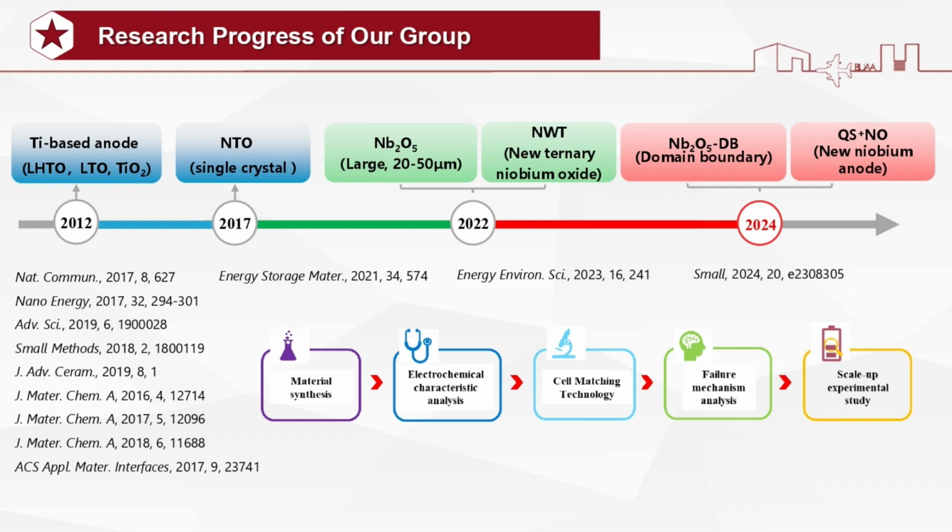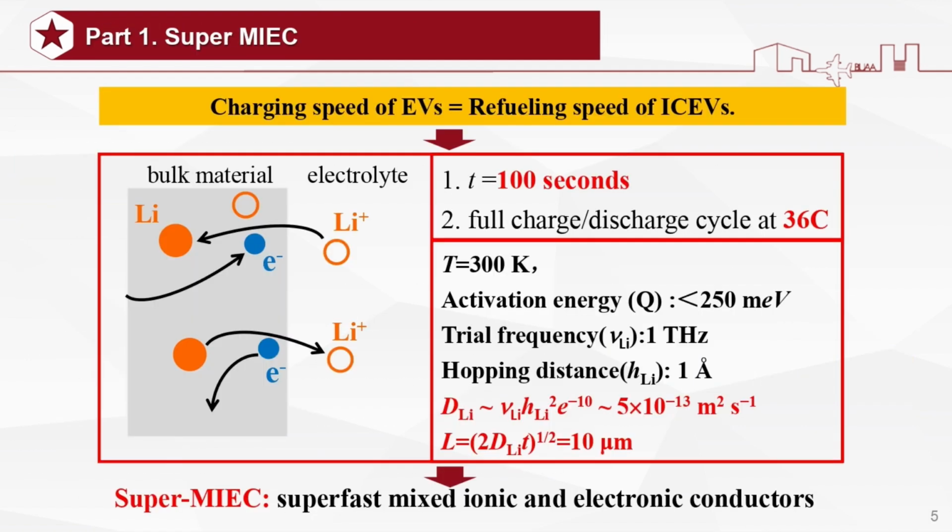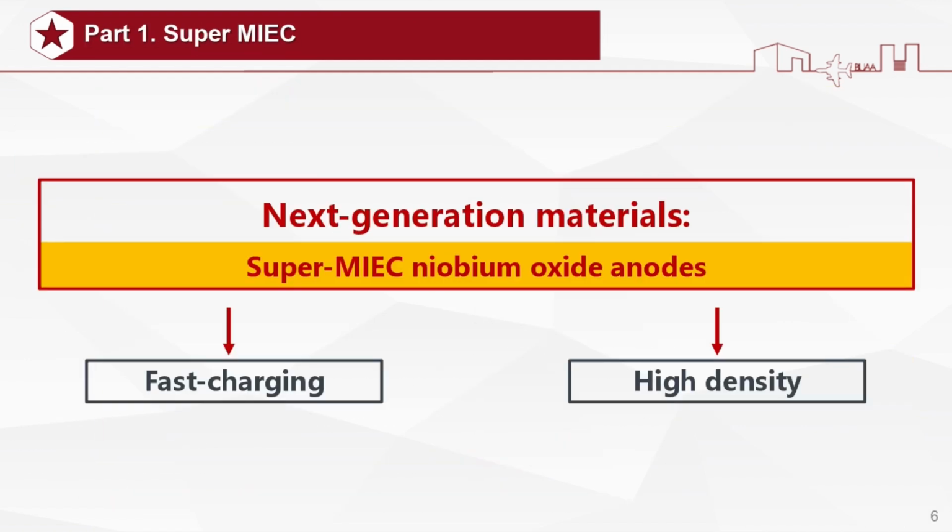Because Professor Li considered that the next generation fast charging and high discharge power batteries should be the supermix, combining high rate capability, good cyclability, and high energy density.